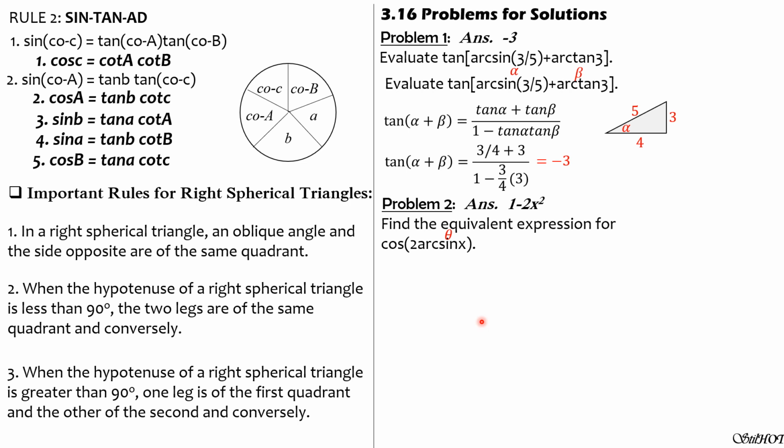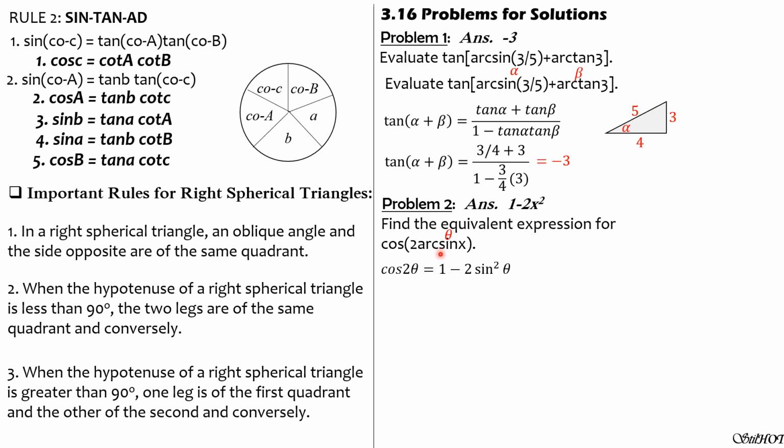It is also equal to 1 minus 2 sine squared theta, and it is also equal to 2 cosine squared theta minus 1. There are 3 expressions for cosine of 2 theta. I select 1 minus 2 sine squared theta, assuming this is one of the choices.